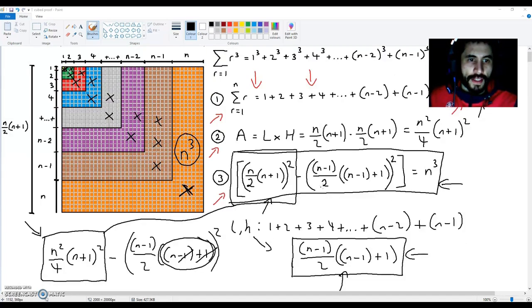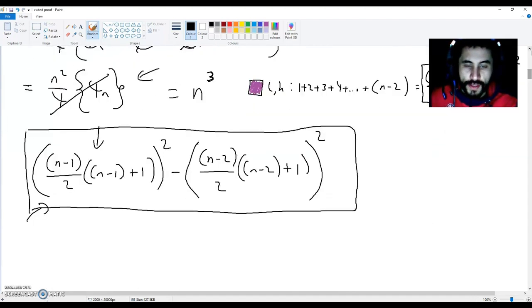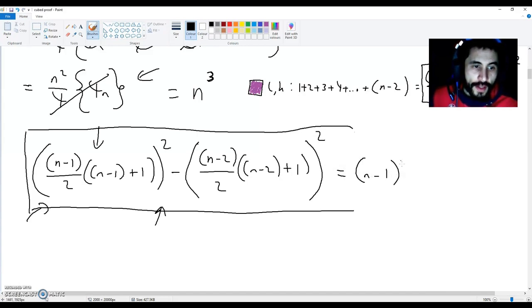Now, because of this formula over here, which is number 3, I wrote this down a long time ago, we can figure out what the value of this over here is going to be, okay? And that value is actually going to be equal to (n-1) cubed, okay?